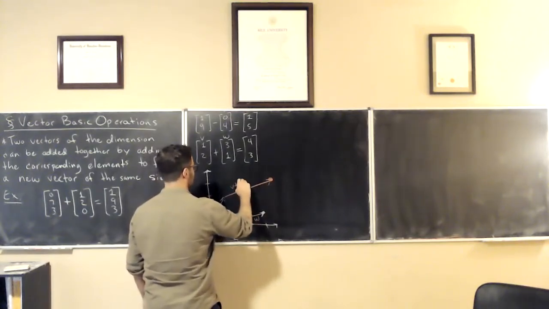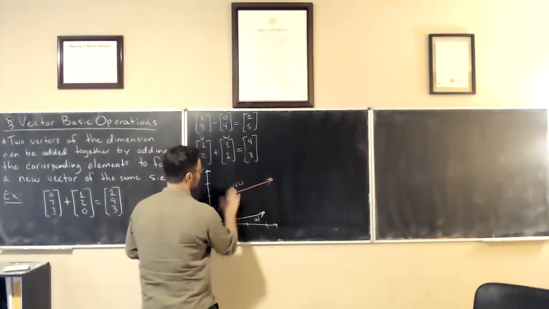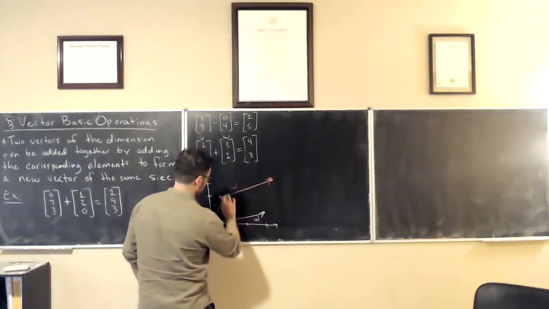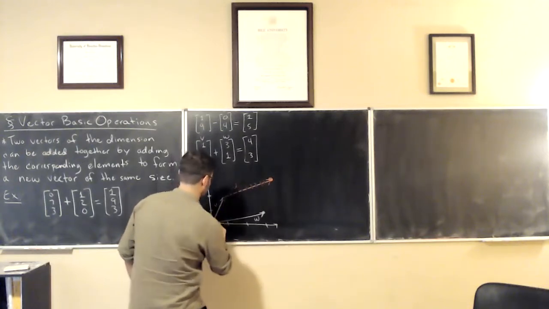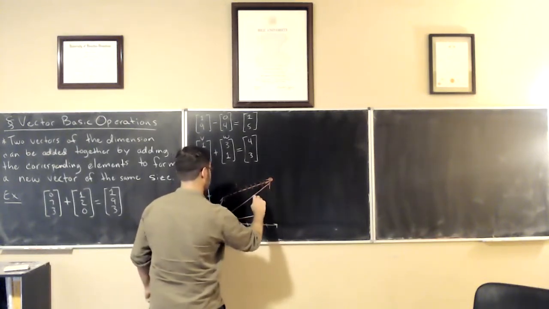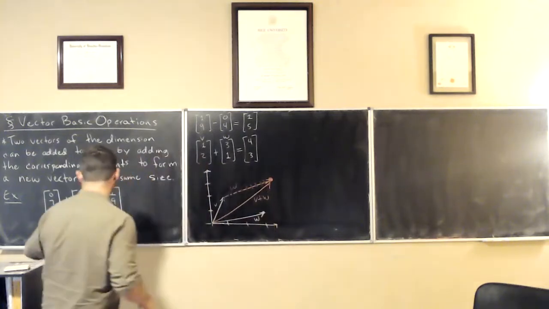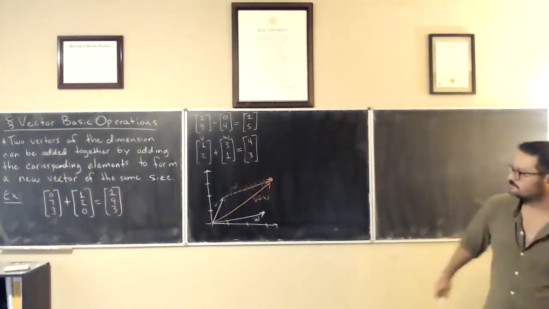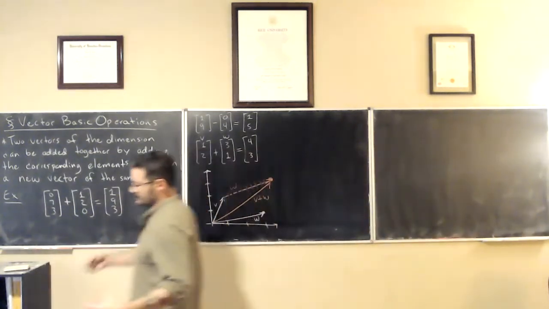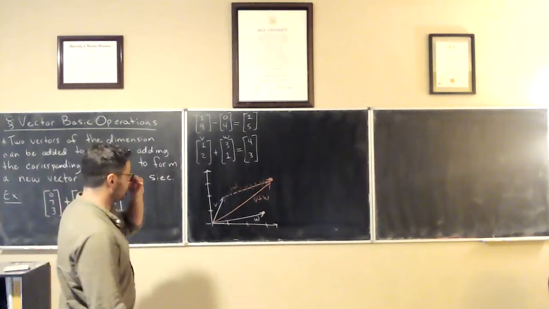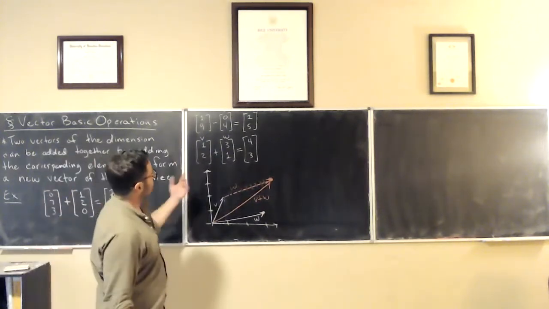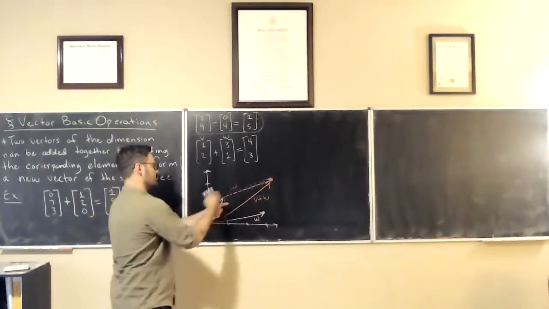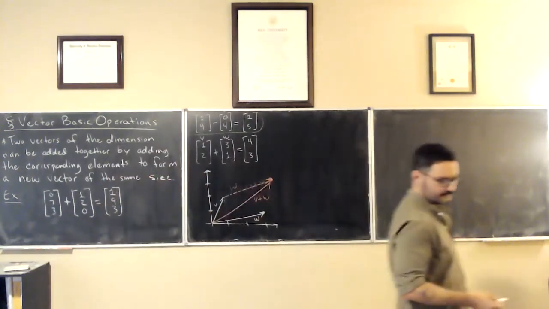This would be V plus W. Oh, this is W right here. That's V plus W. So a lot of these notions with vectors have an algebraic point of view, but then they also have a geometric point of view. I encourage you maybe to draw this one. Look at the subtraction. How does that work? Well, it's basically flipping around, and you'll see that when you do the example.